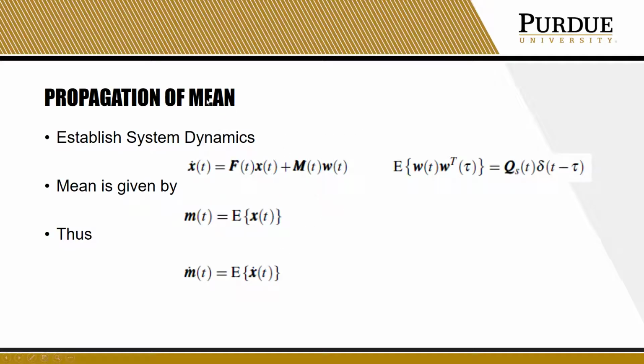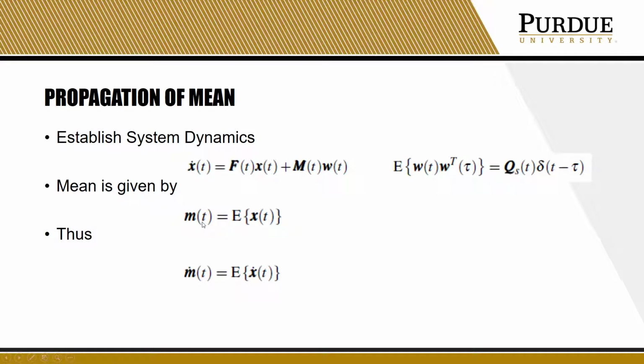So first we're going to need to propagate our mean. Let's establish our system dynamics. Our x dot state dynamics is equal to the state dynamics matrix F times the state plus M, which is simply a shape matrix to map our W, our white noise process, into this. From our white noise process, we can get a Q_S, which is a power spectral density matrix.